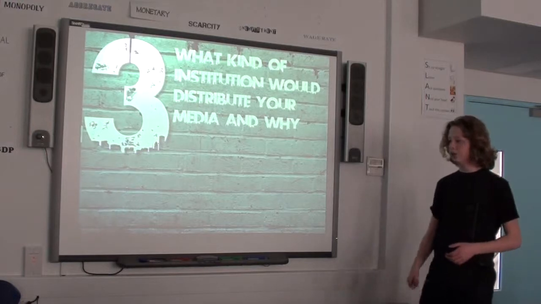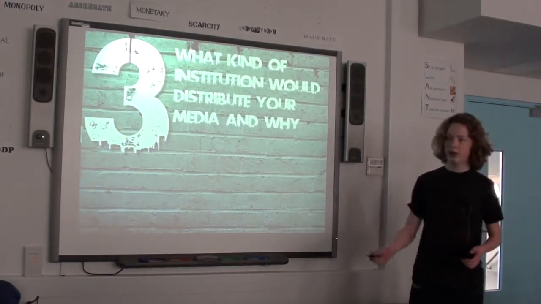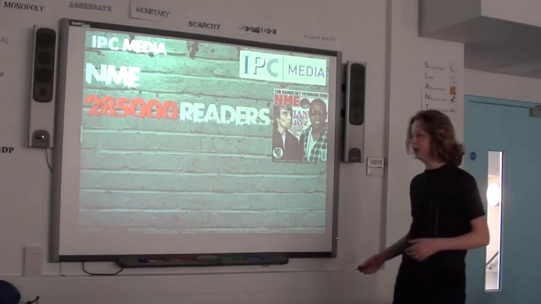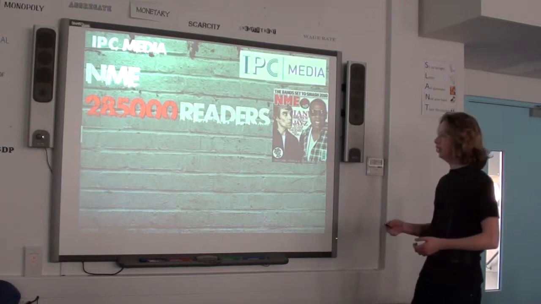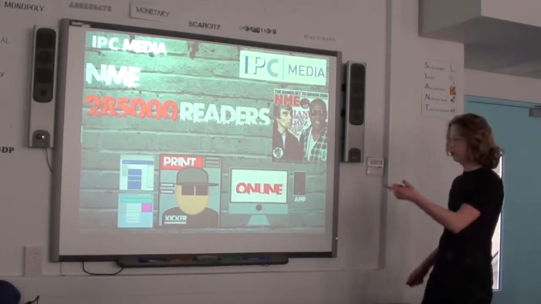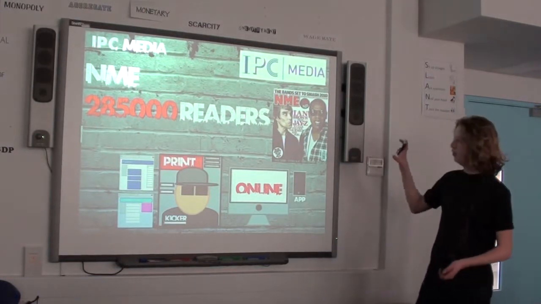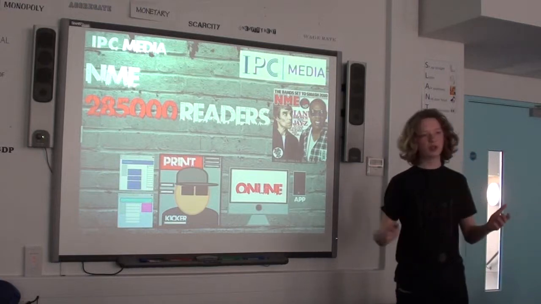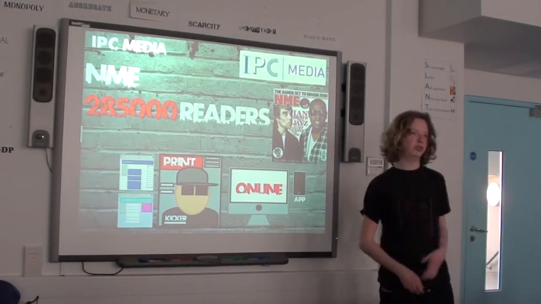So in terms of what type of distribution, what institute would distribute my media, I looked at IPC Media, but I chose not to go with them because even though they do have lots of different forms of media, such as social networks, online, app form, and a print copy, I feel that NME does have some sort of a hip hop focus, and there would be a bit of cannibalism there, as they'd eat into each other's markets.